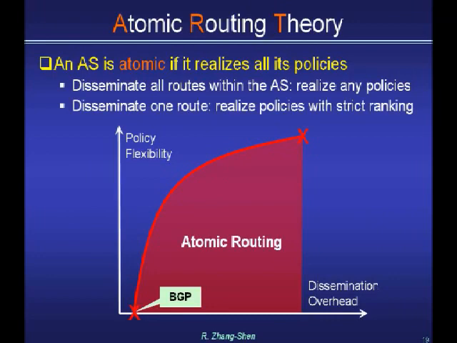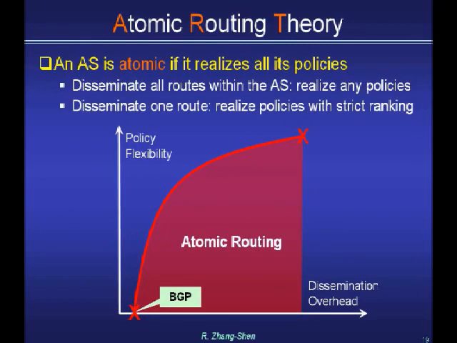And BGP today disseminates only one route within the AS per session. So it sits at the bottom of this curve because it has the minimum overhead. It can realize policies with strict ranking. If you know what that means, it basically means no MED. And to think of it, when BGP was first invented, it didn't have MED.